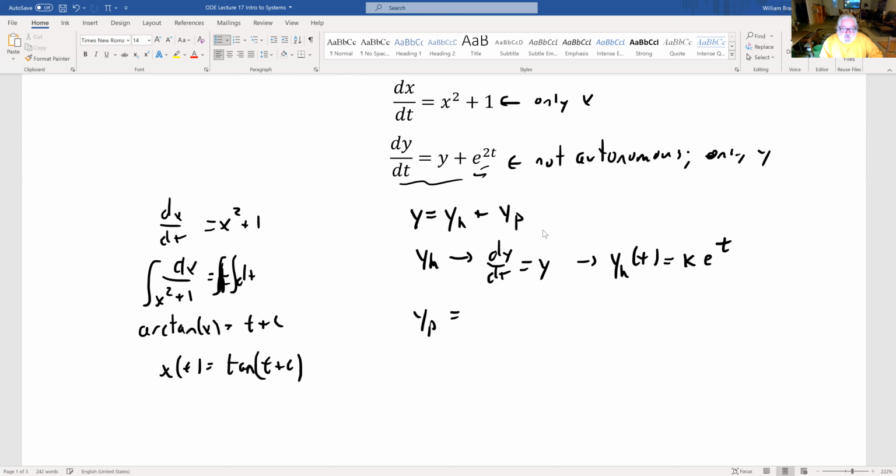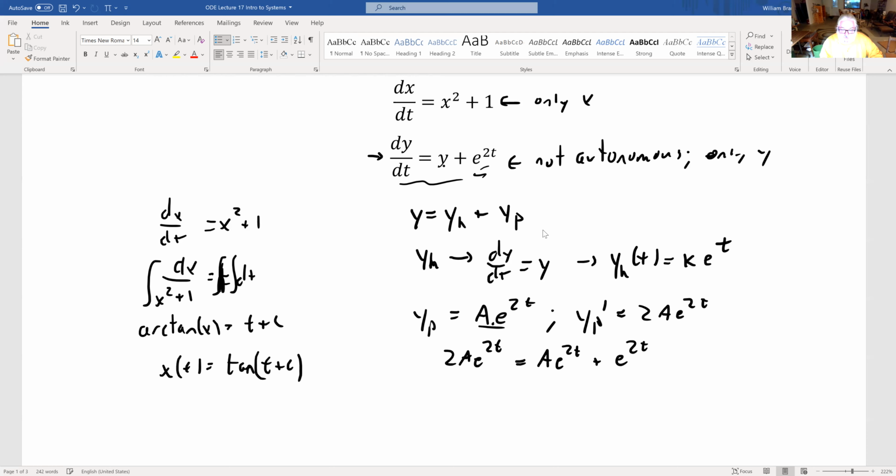The particular solution would be a guess. It'd be a e to the 2t. We find the derivative of the particular solution to be 2a e to the 2t, and we plug that into this equation. So on the left side, I have 2a e to the 2t, and on the right side, I would have y, which is a e to the 2t, plus e to the 2t.